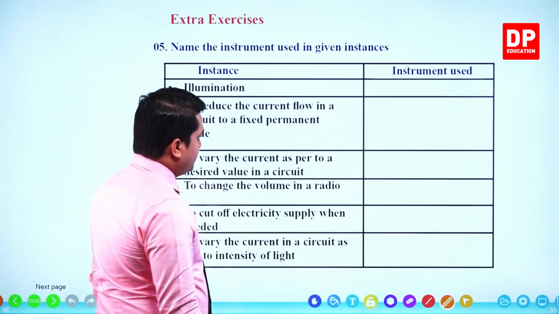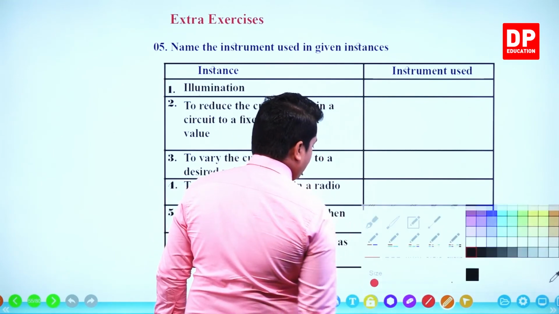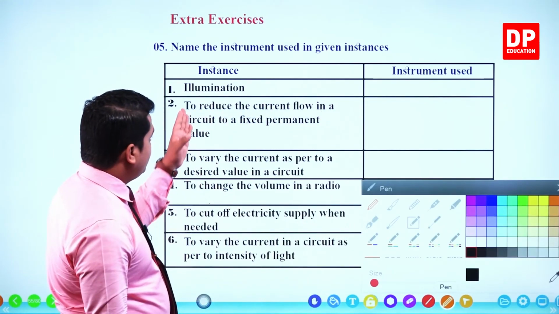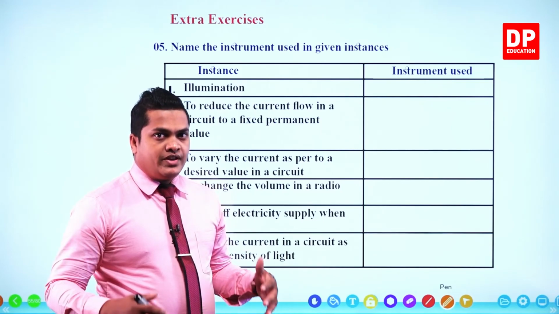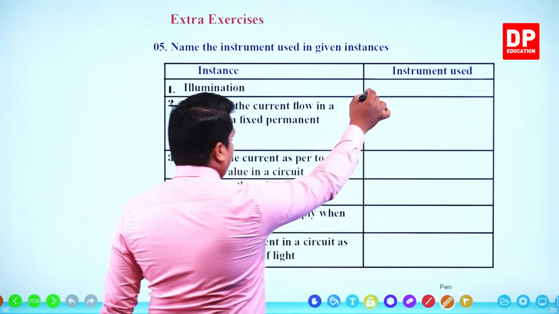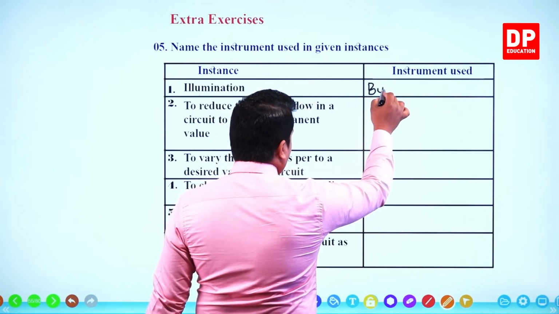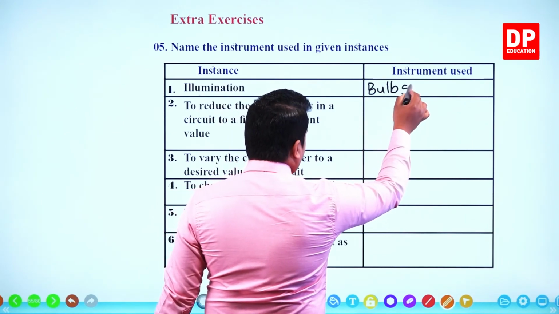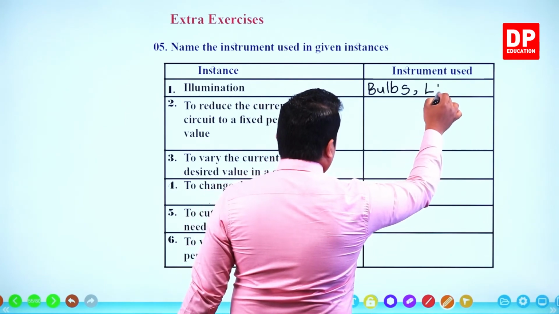So we'll write down, my dear children, the answers. So first is given for illumination. For illumination, we use bulbs or LEDs, right? Very simple. Bulbs or LEDs.